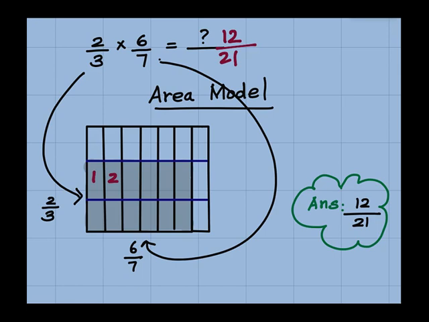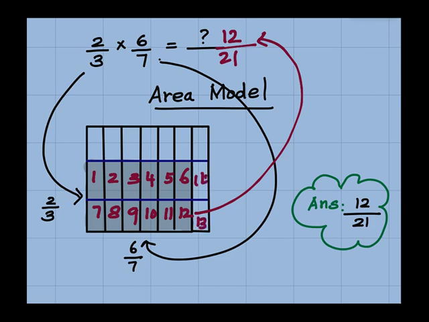So 1 box, 2, 3, 4, 5, 6, 7, 8, 9, 10, 11, 12. 12 boxes are shaded. That is why the numerator is 12. And let us count the total boxes. 13, 14, 15, 16, 17, 18, 19, 20, 21. The total number of boxes is 21. That is why the denominator is 21.